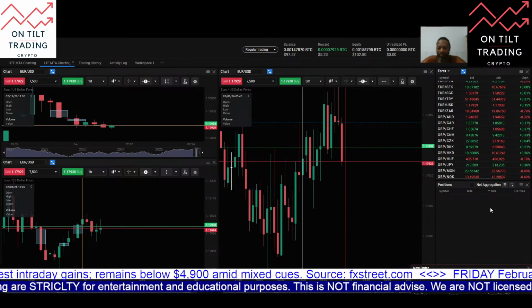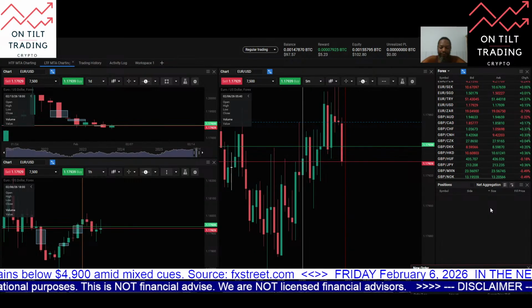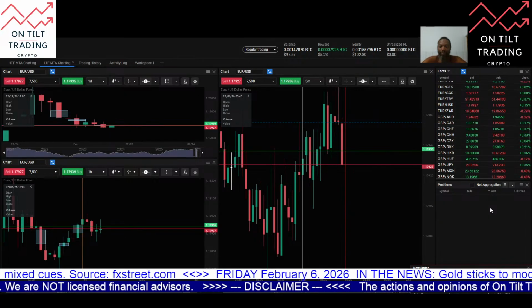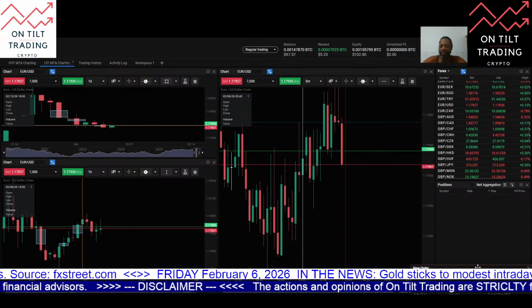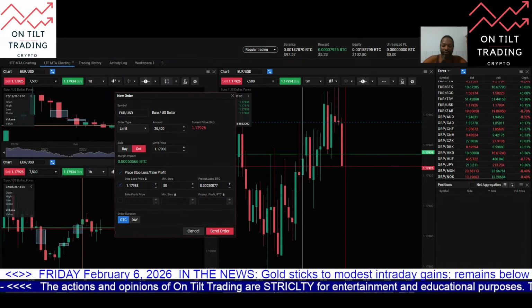Right now, price seemingly also setting up for a market structure shift to the sell side. Less than 1 minute remaining in the London kill zone. I'm going to step this order over.